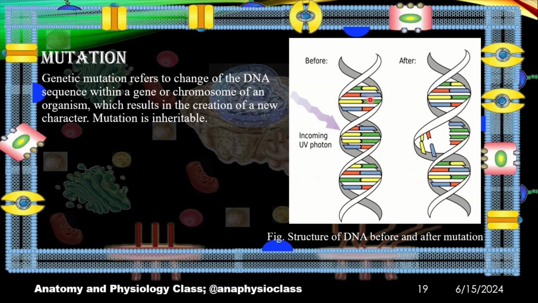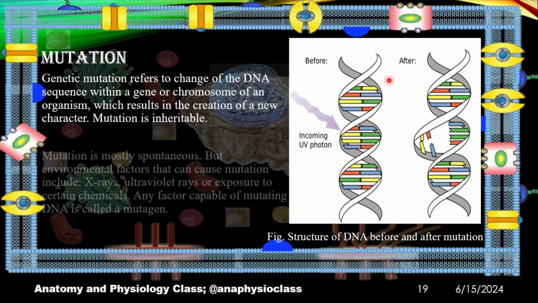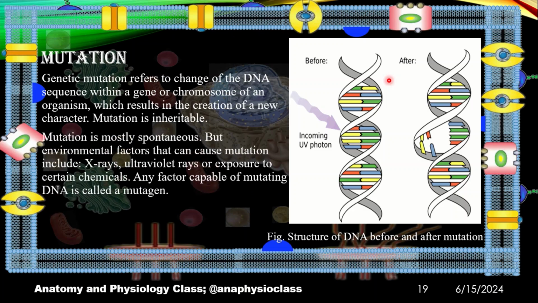So if the coding of that gene is altered, then definitely the trait that will be produced from that gene will change from normal to abnormal, because the code is tampered with, and that is what is known as inheritable. There are so many factors associated with mutation.